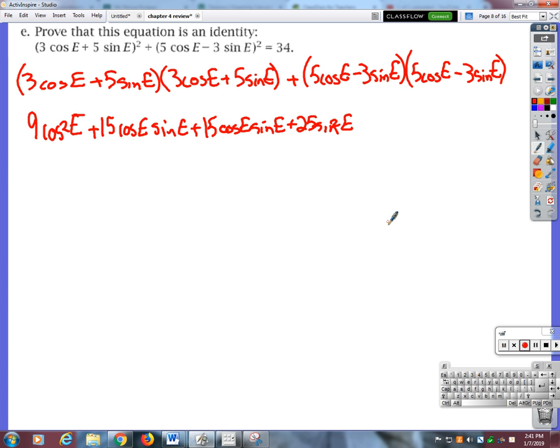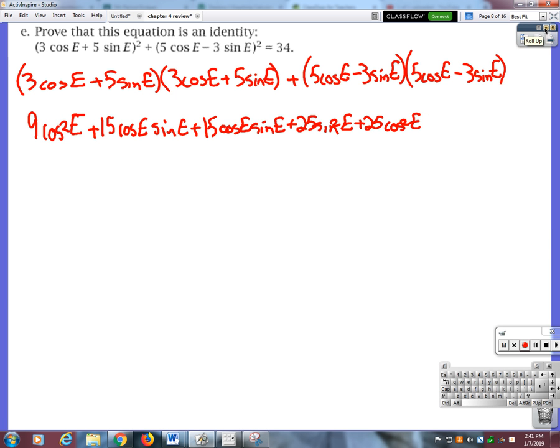Okay, so that's the first set of parentheses. Now we're going to do the same thing with the second set. So 5 cosine E times 5 cosine E is going to be 25 cosine squared E. If I do outside together, what do I get?